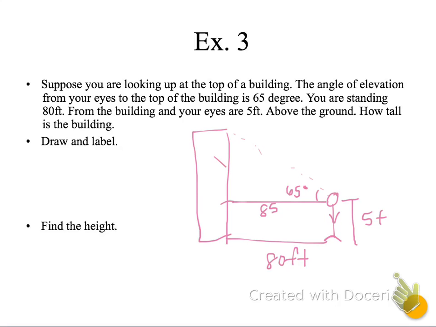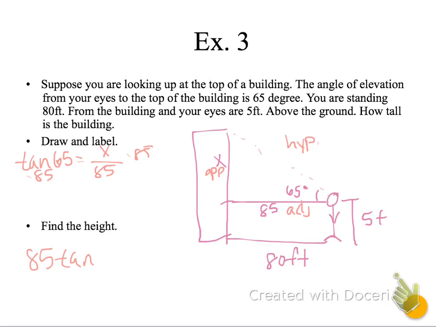So let's try to find at least this portion of the building first. So let's label our sides. So this is going to be my hypotenuse, opposite, adjacent. So I need to include my opposite and my adjacent side. So we're going to do tan of 65 is equal to my opposite side over my adjacent side. Multiply both sides by 80. So 80 tan of 65 degrees is equal to x.